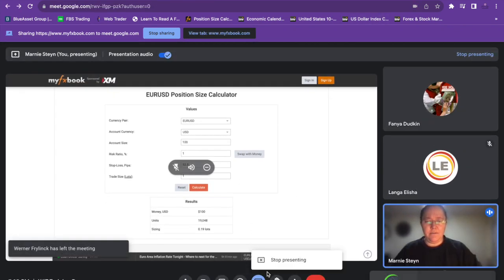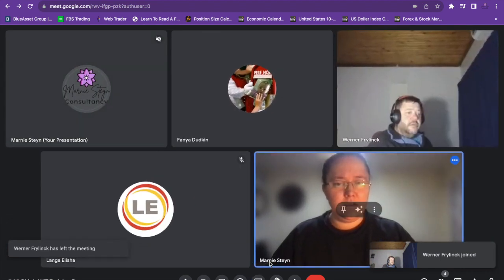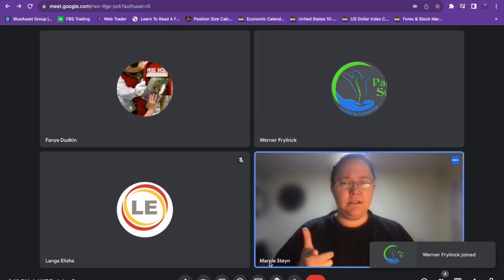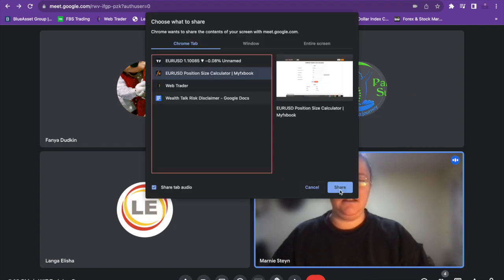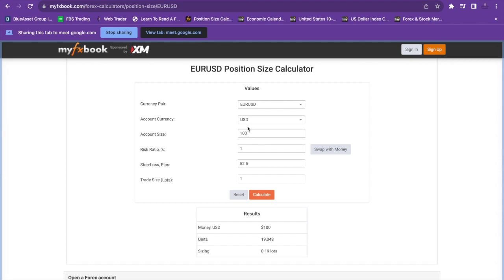Can you see me now, Werner? Yes. Can you see us? Now I can see you. Yeah. Cool. Okay, because this is very important. I want you guys to clearly understand this. All right, so can you see the position size calculator, Werner? I think Werner's internet is on and off.